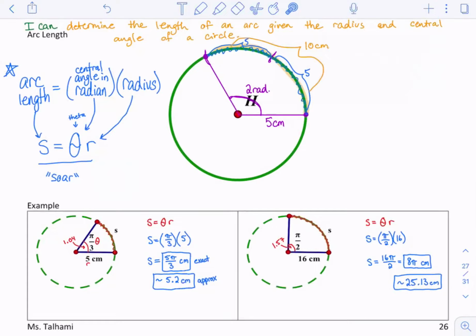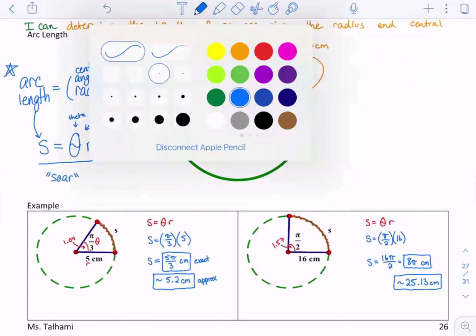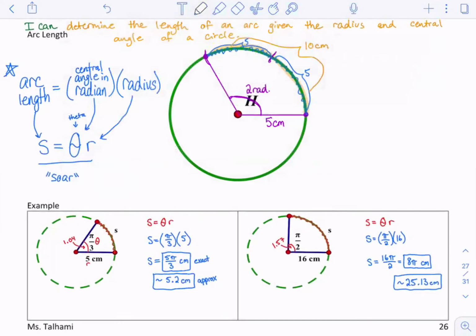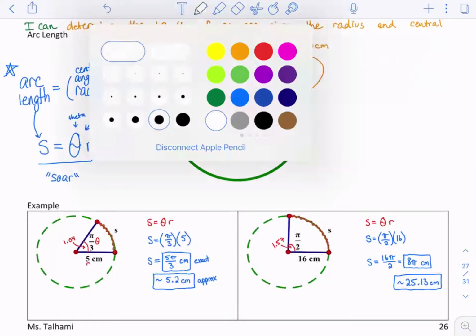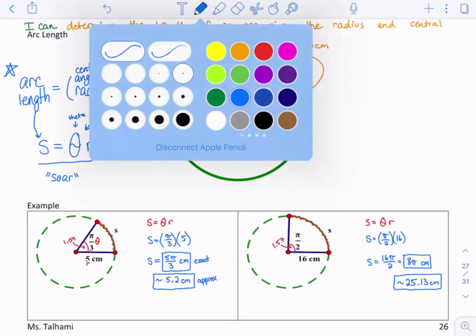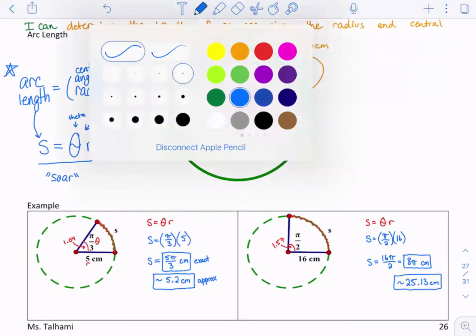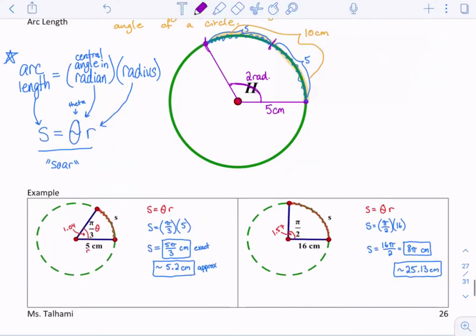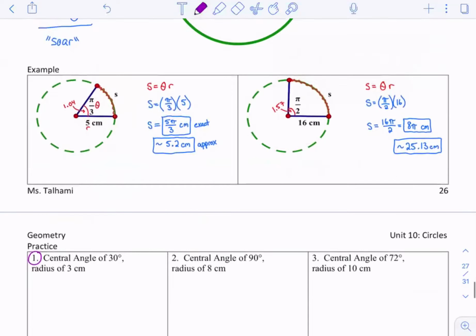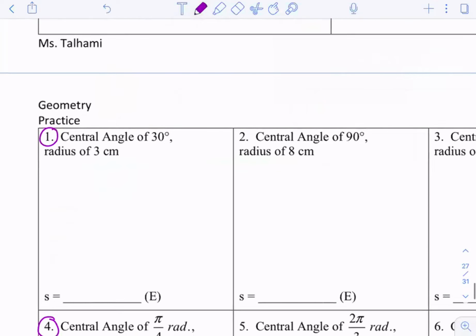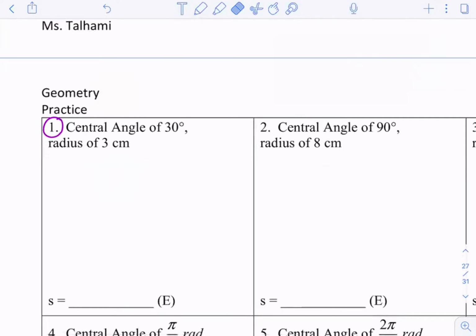Basically, if a student was to cut that green part of the arc, the part of the circle off, and were to straighten it out so it was a line, that line would be approximately 25.13 centimeters. Correct. Okay. So that's what we're doing, just to make sure that you understand.